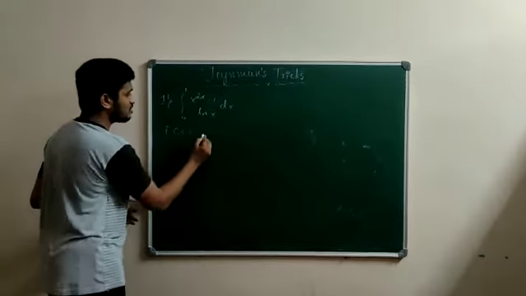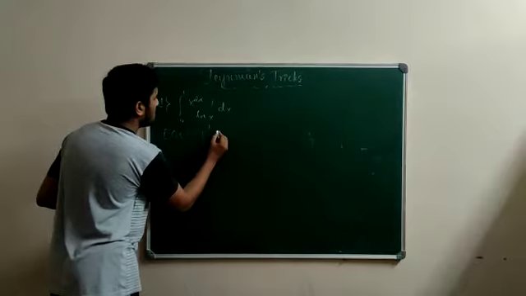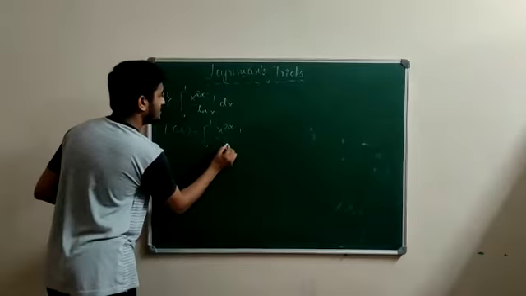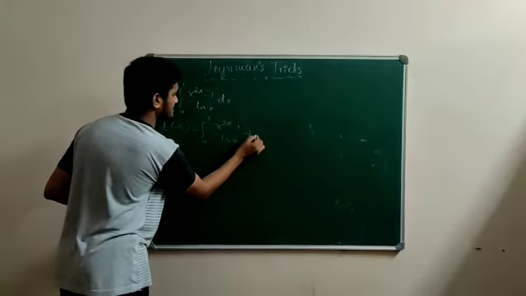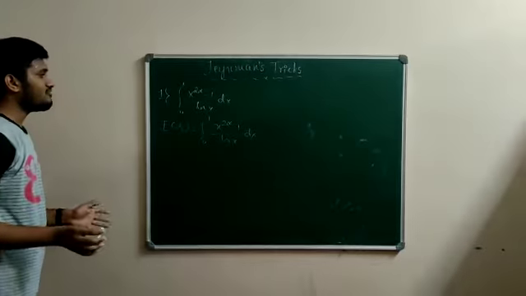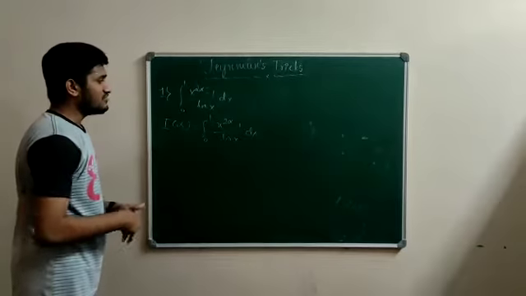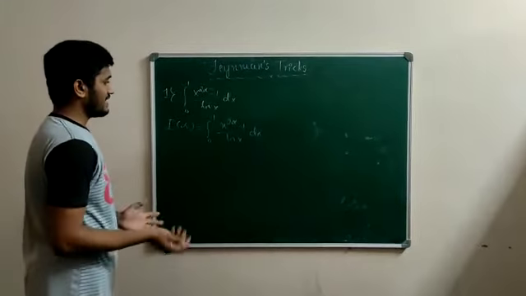So I of alpha is equal to the integral from 0 to 1 of (x to the power 2 alpha minus 1) divided by ln x dx. The central idea of Feynman's trick is to differentiate with respect to the variable other than the variable of integration.